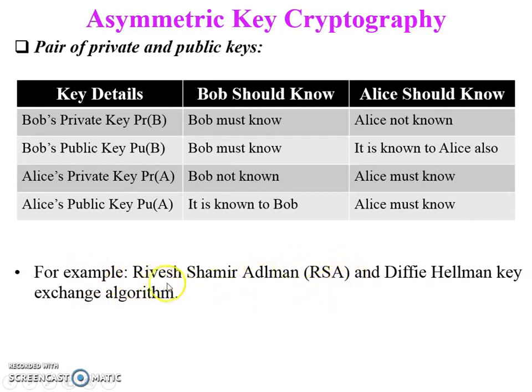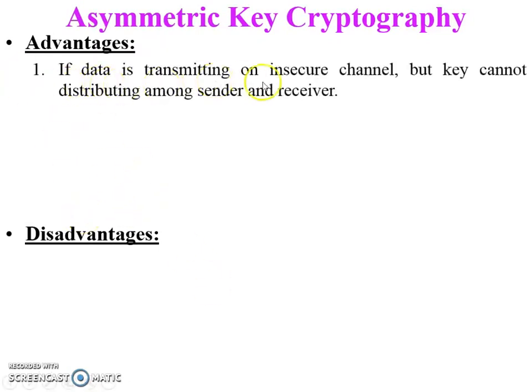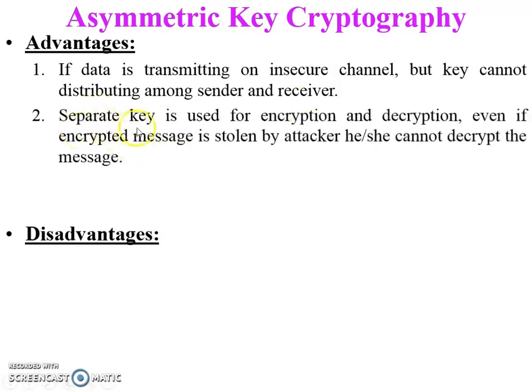This is Bob's private key, so we write PR of B. The encryption algorithm's input is capital X and PR of B, the private key of Bob. The message is transmitted after encryption using Bob's private key. So the output of this encryption algorithm is capital Y, and Y is transmitted to the receiver side through a channel. Next, Alice has received the message.